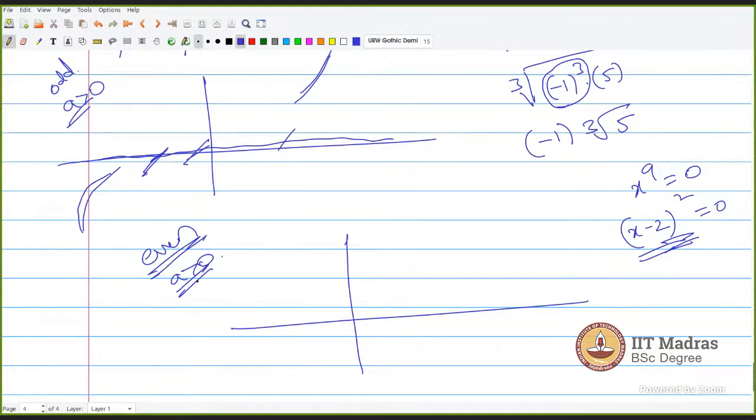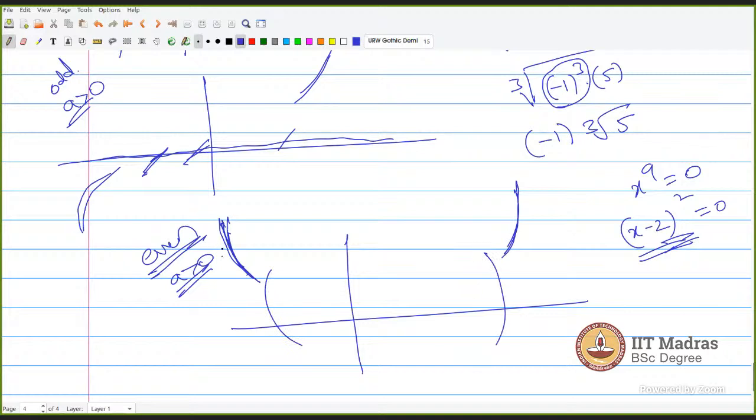See, when it is an even polynomial and a is greater than 0, it will look like this, like an upper quotation mark. Even when x is minus infinity, my graph will be on the positive side. That means it is decreasing here and it will increase here. Something happens in between, just ignore that part.